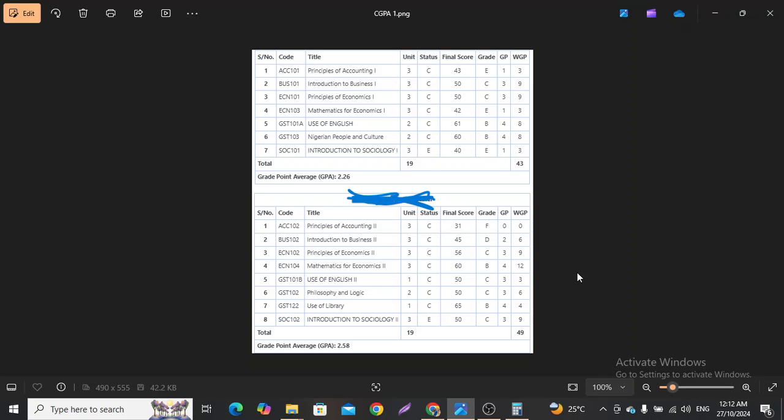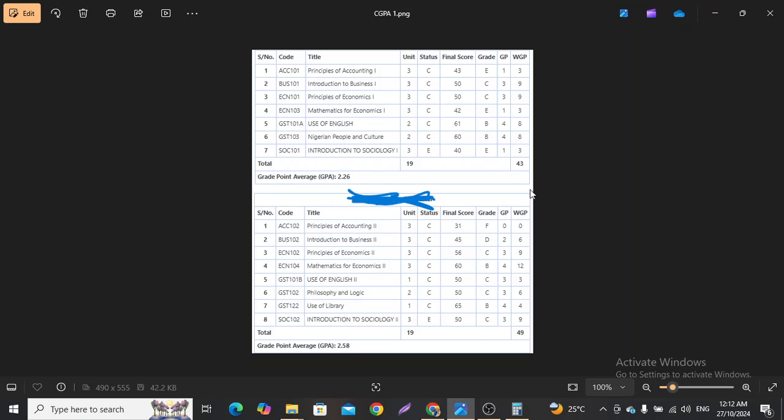Now, before we go, I would like to introduce some aspects of the result that may be confusing or that you need to understand. This result being displayed is a result from University of Abuja.